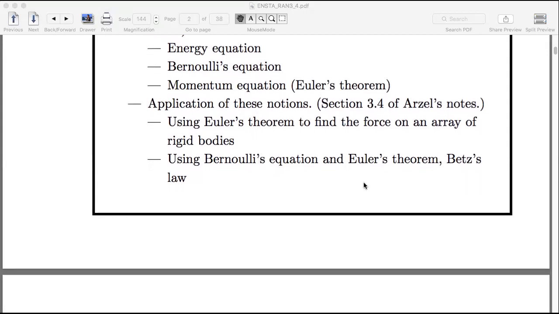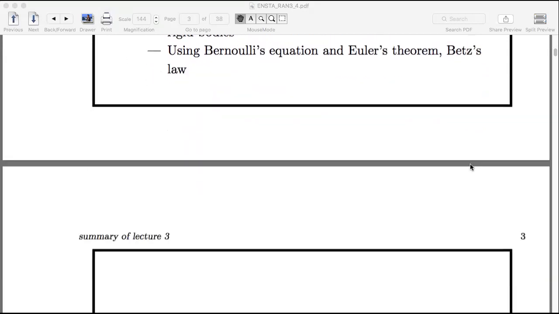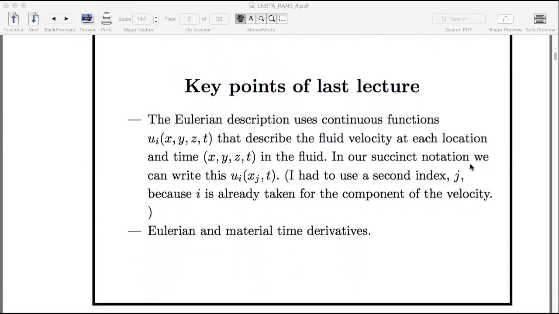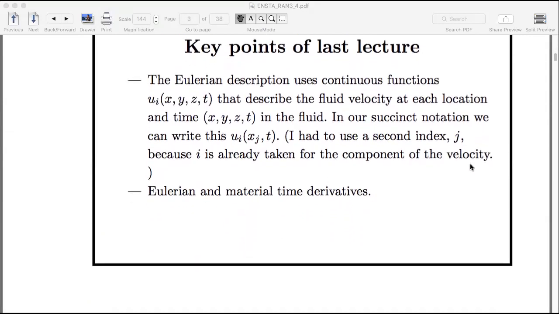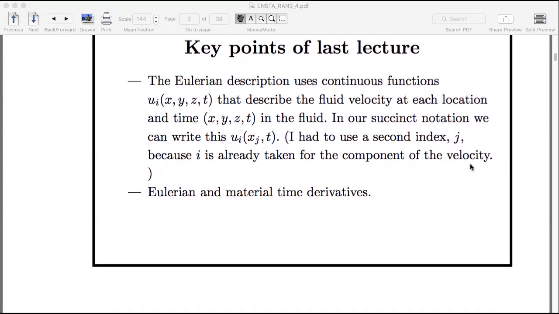And then we put the two together to derive Betz's law, which is that law that I mentioned at the start, which is kind of our motivating thing. Jean-Yves told me that's the most important thing. So I worked back from there to make sure we had all the elements so that we could derive that law.